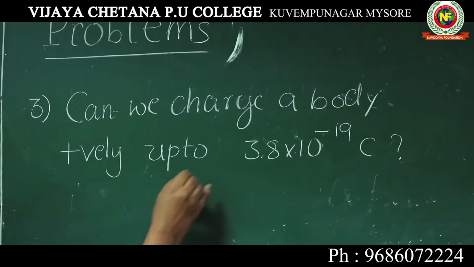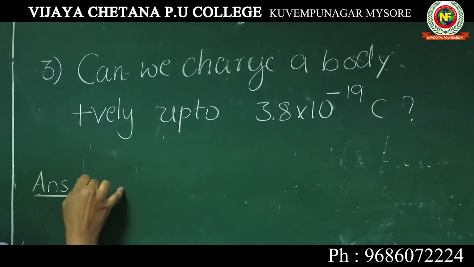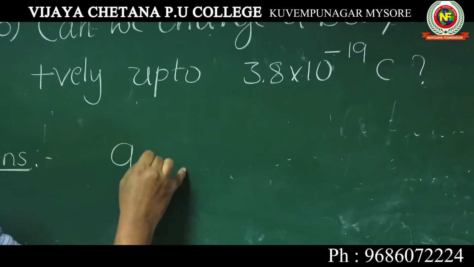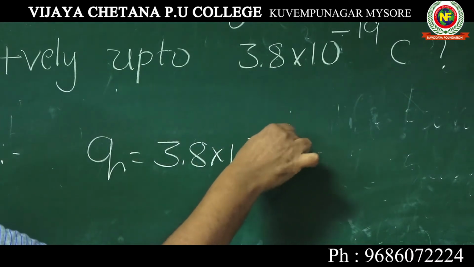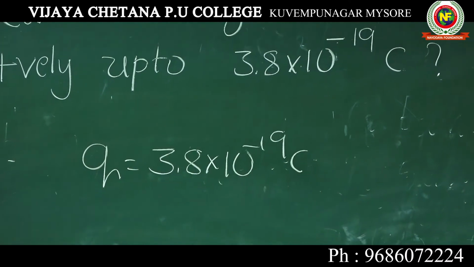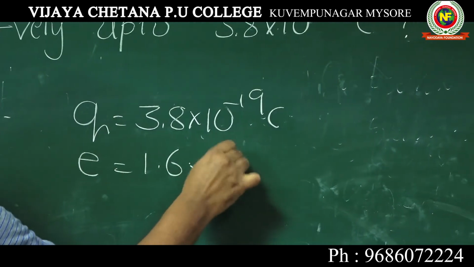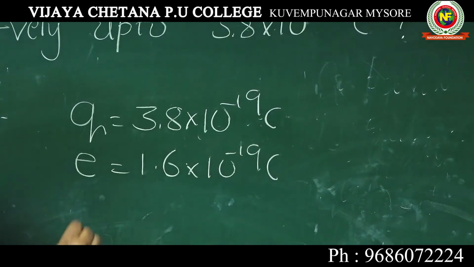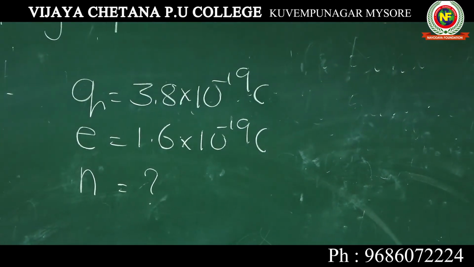Very simple. Charge they have given, let me write it down. The charge given is 3.8 into 10 power minus 19 coulomb. And E is very well known to us, 1.6 into 10 power minus 19 coulomb. Now let me try to find the N value.